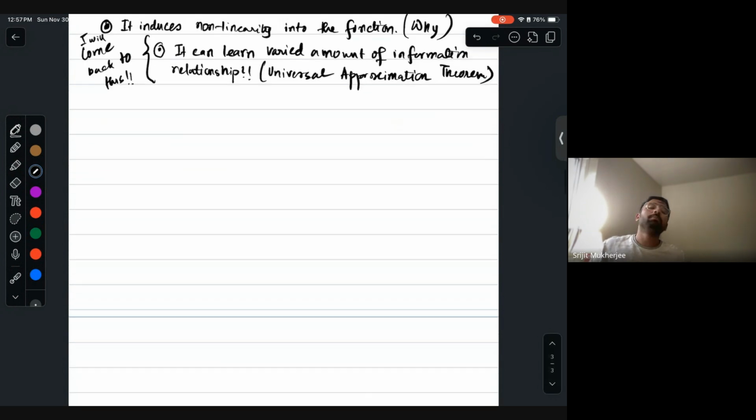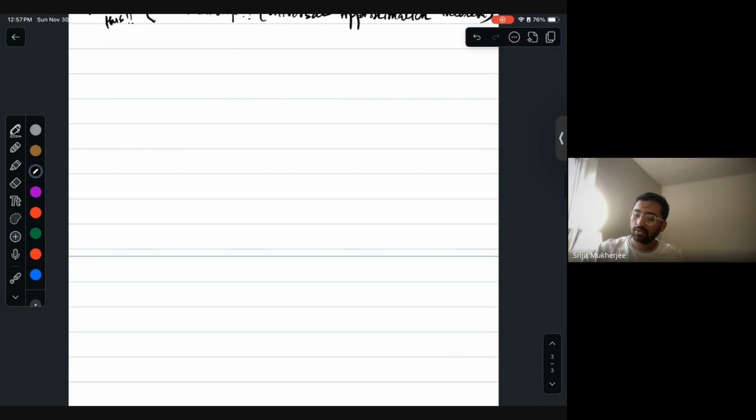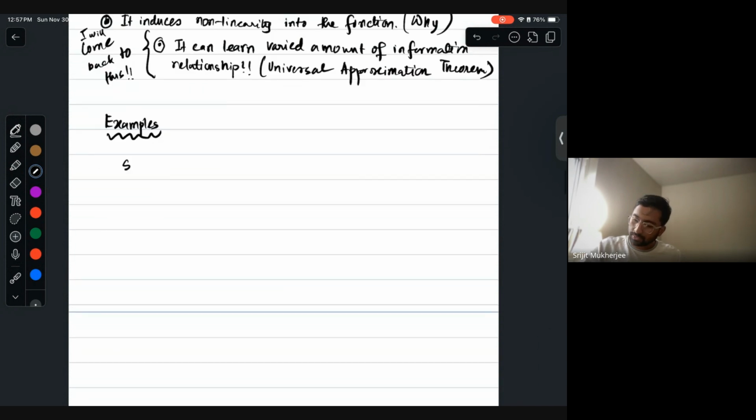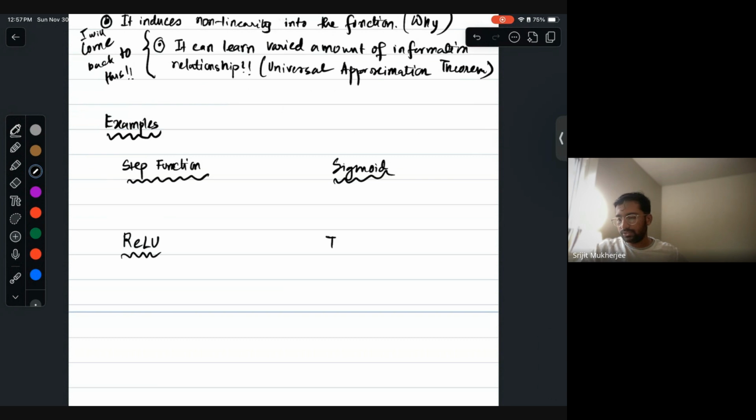But let's see some examples first. What are used? I will discuss four of them. One is the step function. One is ReLU. One is sigmoid. One is tanh.